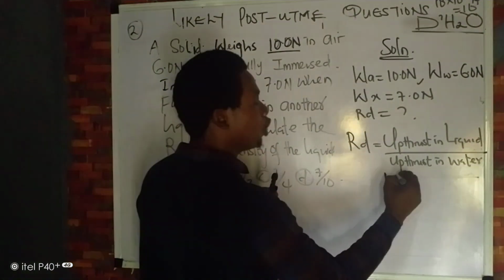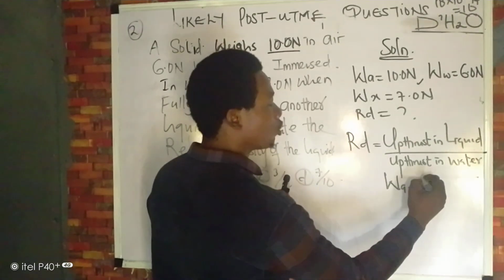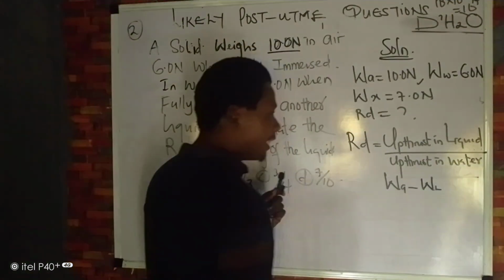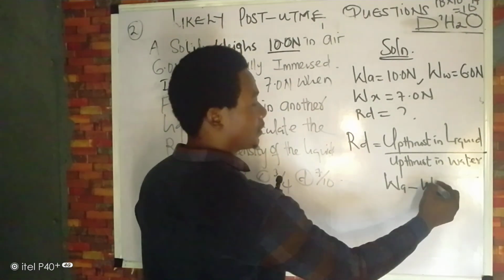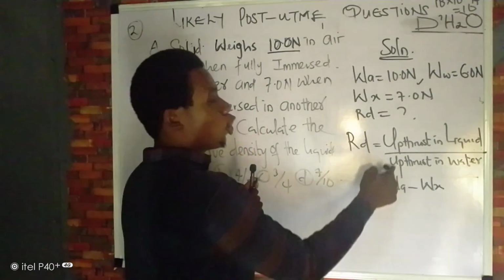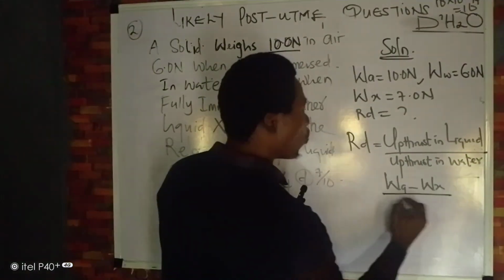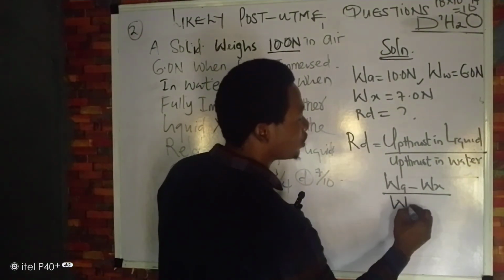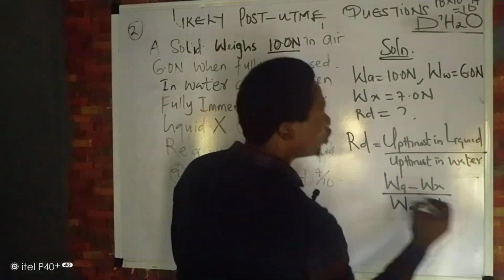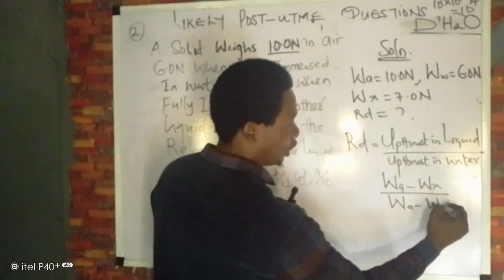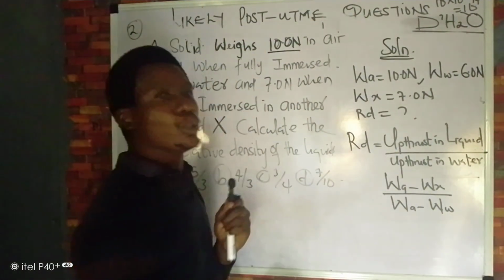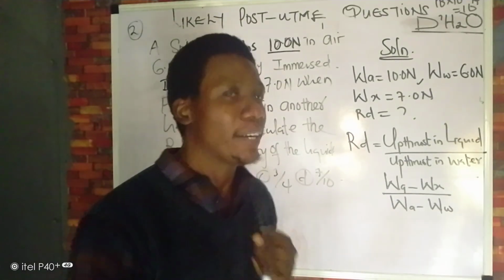It means weight of the object in air minus weight of the object in the liquid, which is called X. Then, what does upthrust in water mean? It means weight of the object in air minus weight of the object in water. So when we say upthrust, we are talking about the apparent weight loss.